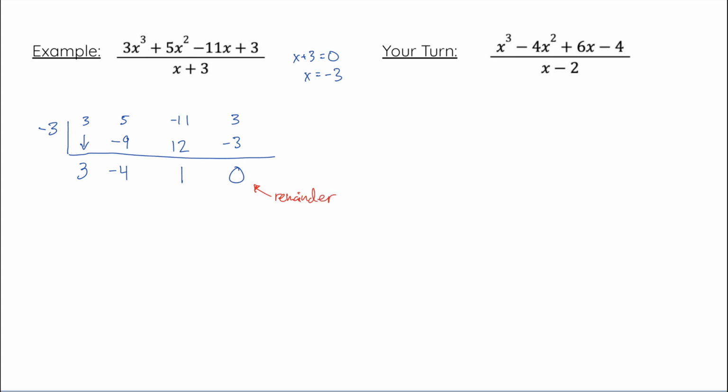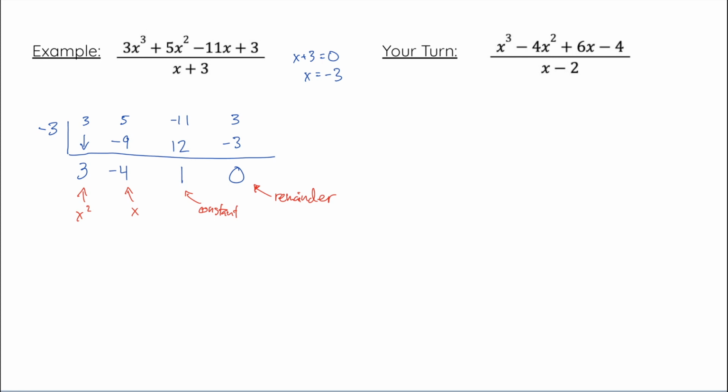So in this case, we have no remainder. The 1 is our constant term, this will be the coefficient of our x term, and this will be our x squared. So you always want to read it from right to left: the right one being the remainder, then the constant, then x, then x squared, and it goes on from there.